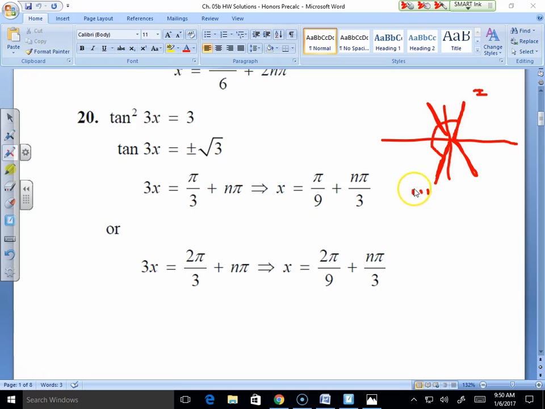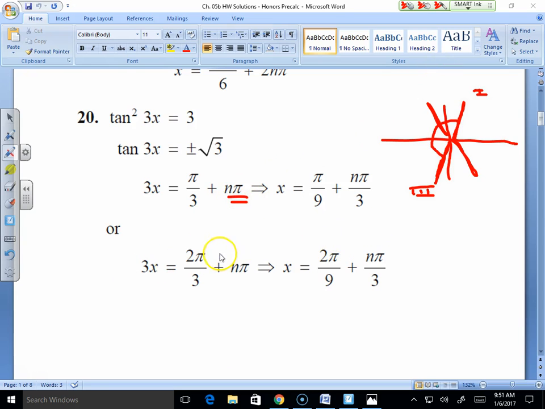So what they did is they were too lazy to write four formulas. Instead of writing pi over 3 plus 2 pi n, 2 pi over 3 plus 2 pi n, 4 pi over 3 plus 2 pi n, 5 pi over 3 plus 2 pi n, which would have been right, they said if we just write pi n, sweet, we get 2 in 1. Because then another pi will get you back to 1, another pi will get you back to 3. So they just shortcutted. They were being lazy. They did a shortcut.